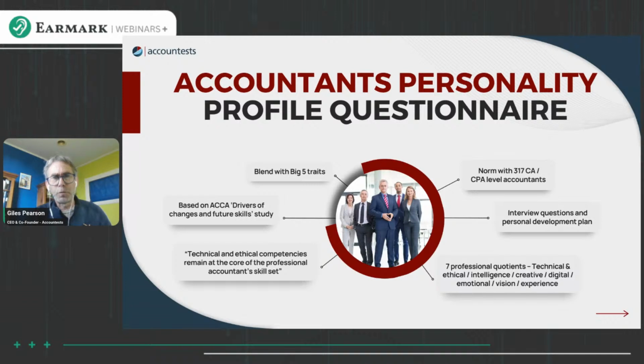And we use the traits. They came up with these 7 professional quotients you can see on the bottom right hand side there, and we saw that 4 of those could be well uncovered by a good personality profile. So when you know where to go, you can find the questions that these Big 5 profiles use and build your own, which is what we did with our psychology advisors.